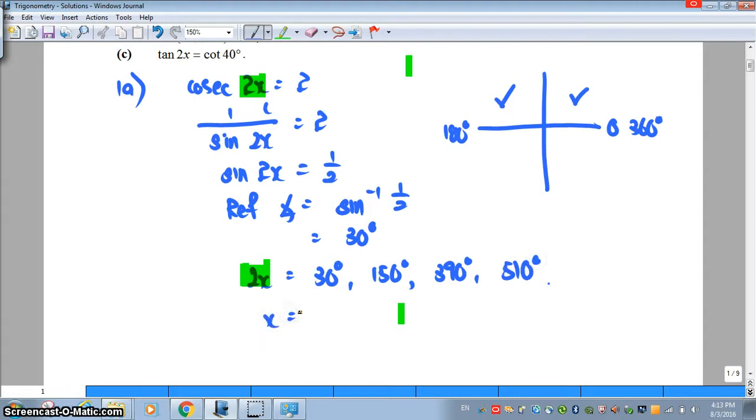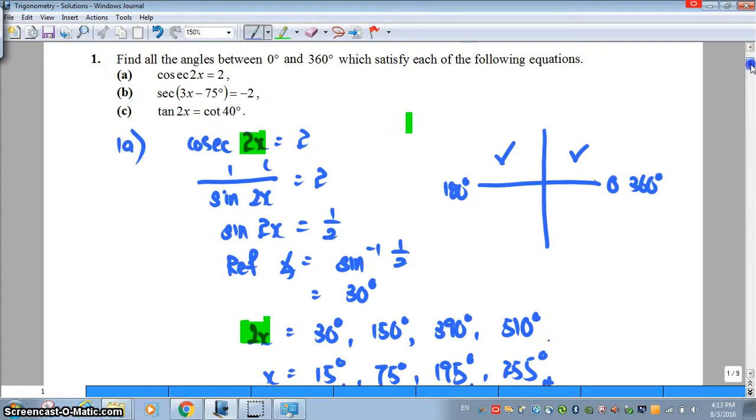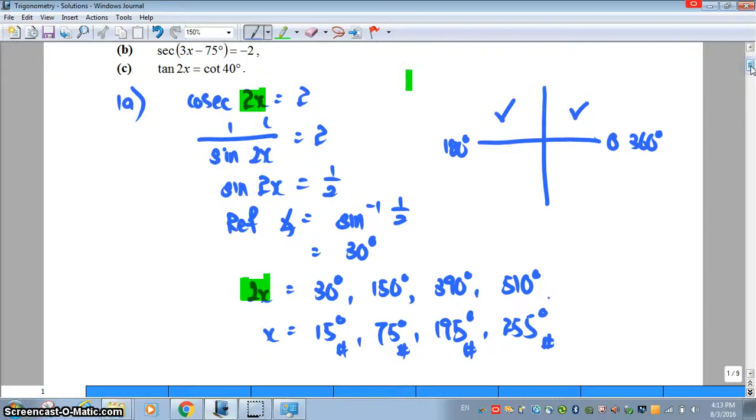So x in this case, if you divide everything throughout by 2, this will be your final answer. And do remember, always write your answer in ascending order. And this will be your final answer. Alright, this is a straightforward question. I hope this question you are able to get it yourself as well. Thank you.